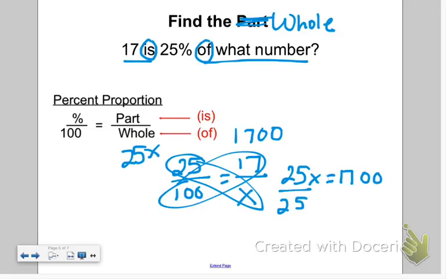And all I have to do is divide by 25, and I'm going to get what my x is equal to, which is 68. 17 is 25% of 68. And that makes sense because 17 is supposed to be the small percentage, just 25% of a larger number. So 68 would have to be the larger number, the whole. Now keep in mind, the whole is not always larger than the part. Be on the lookout for that.